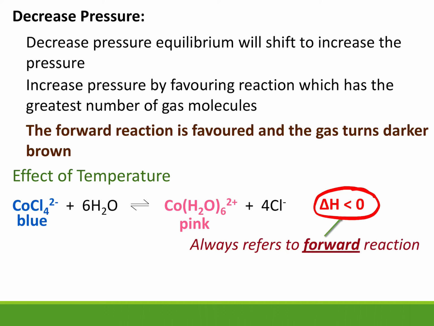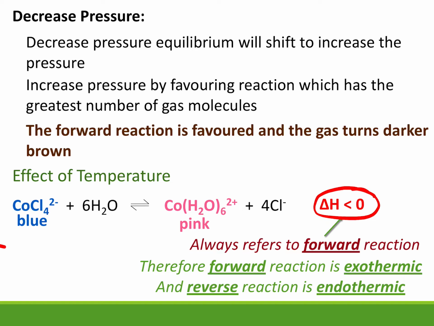Delta H, any delta H, always refers to the forward reaction. Now, delta H here is less than 0. That means that the forward reaction is exothermic. If the forward reaction is exothermic, then the reverse reaction must be endothermic. Exothermic gets hot. Endothermic gets cold.